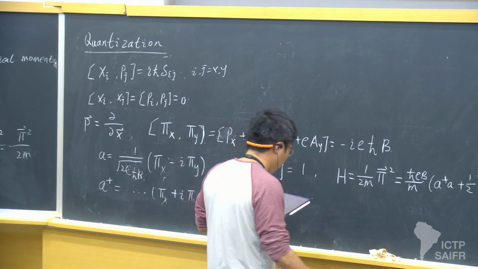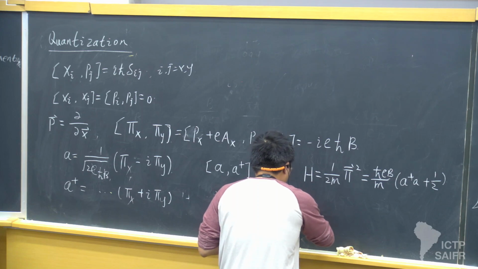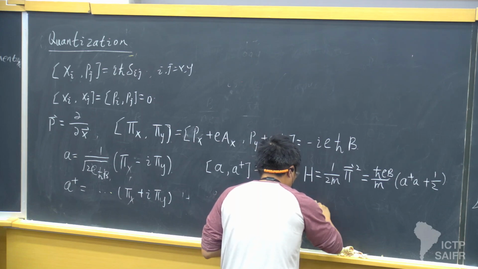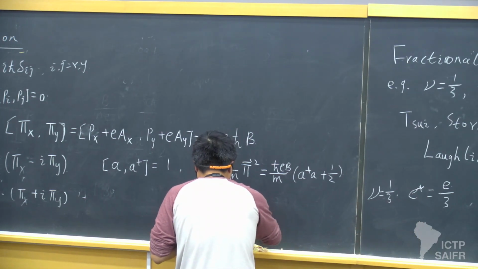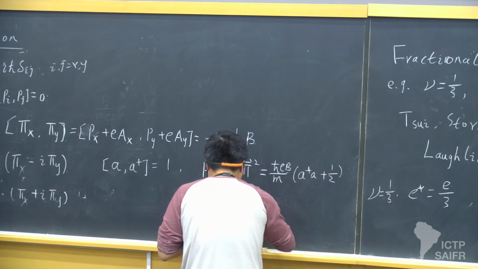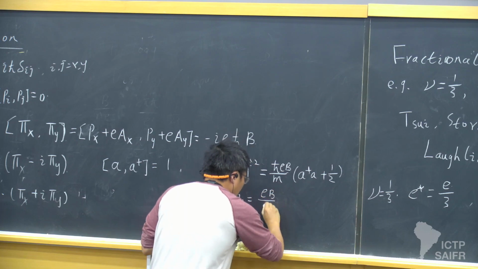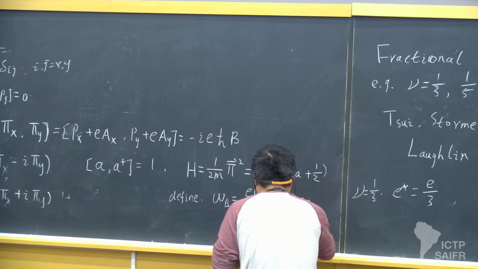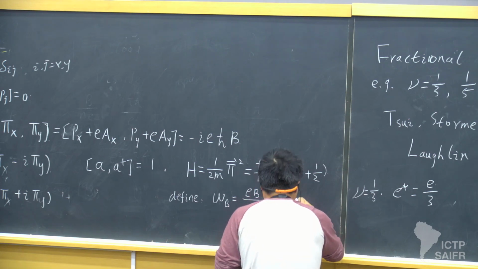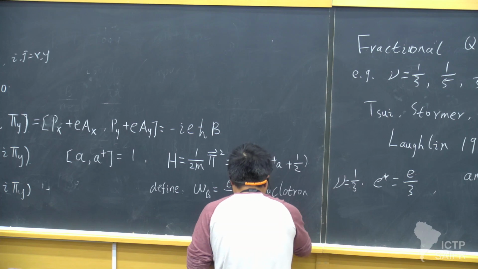And here I will define one quantity that we call the cyclotron frequency. I will call it omega B, which is e times B over m, and it's called the cyclotron frequency.